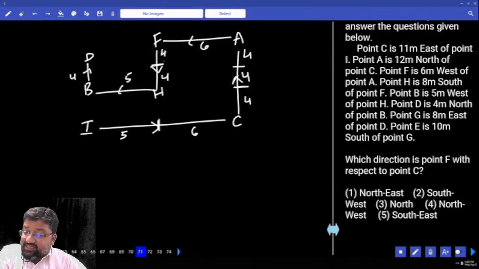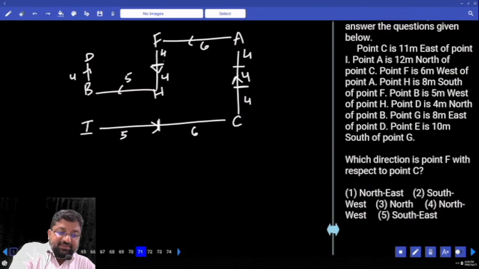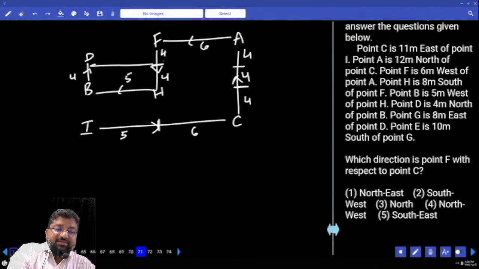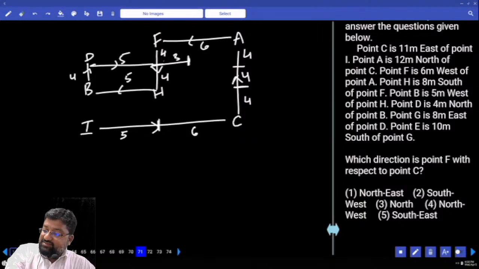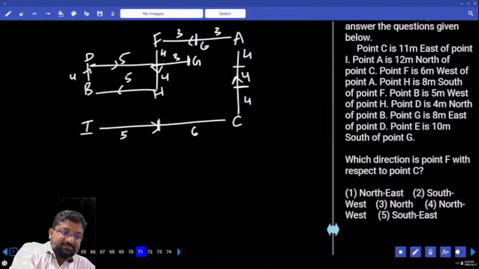G is 8 meters east of D. This is already 5. Extra, and what point is this? 3. It is 6. Done.